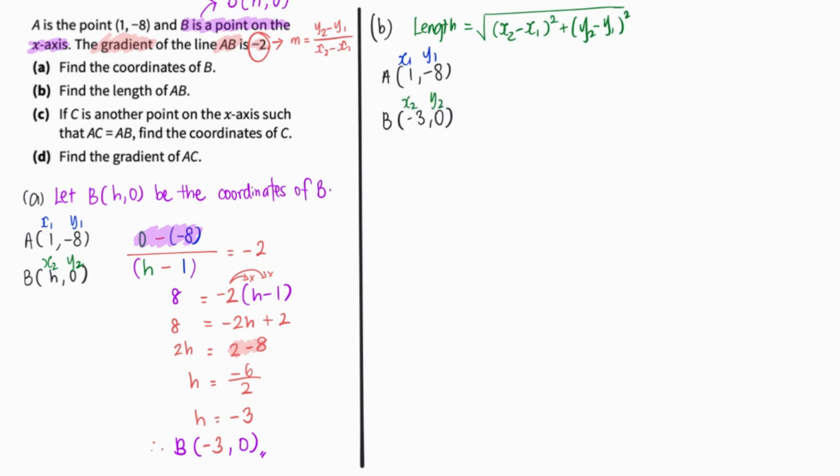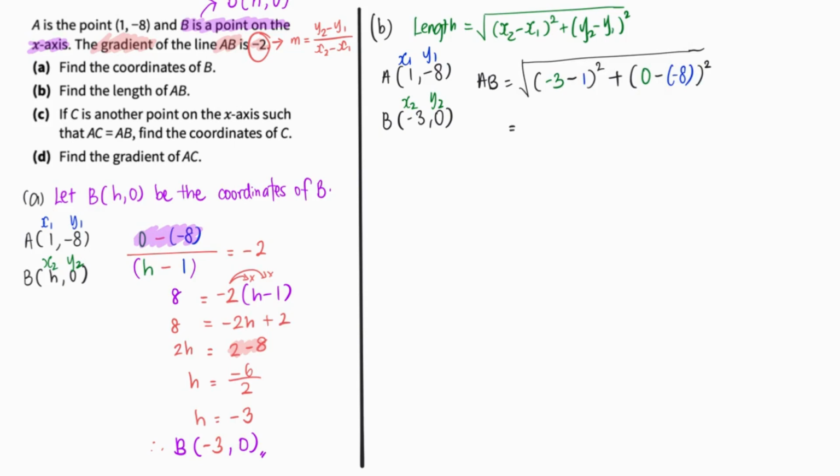So my AB will be equals to the square root of negative 3 minus 1 bracket square plus 0 minus negative 8 bracket square.